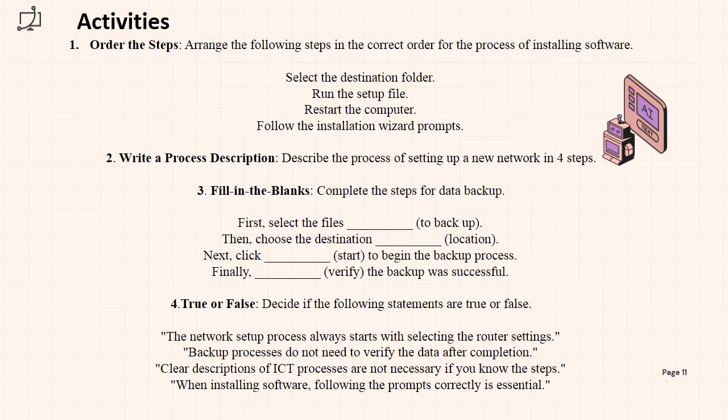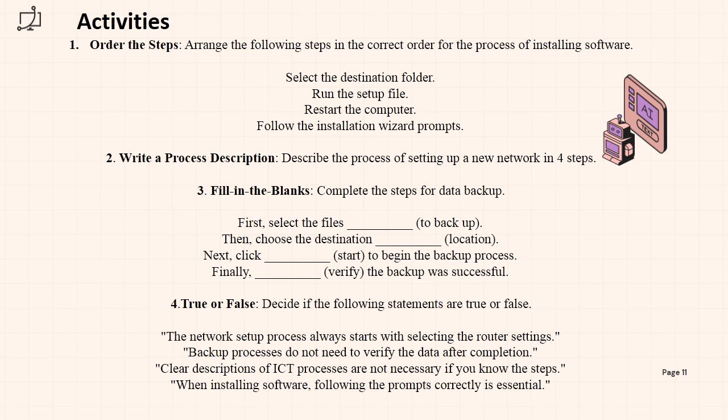For better understanding, you have to complete these activities. In the first activity, try to order the steps, arrange them in the correct order in order to describe the process of installing software. Activity 2, write a description. Describe the process of setting up a new network in 4 steps.